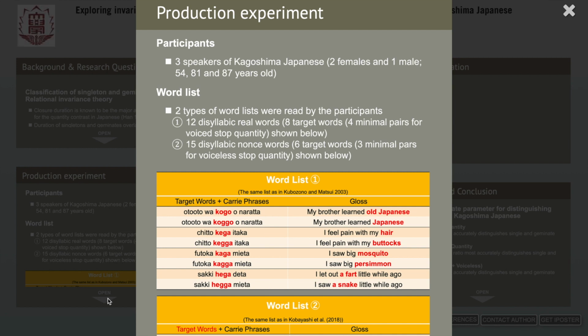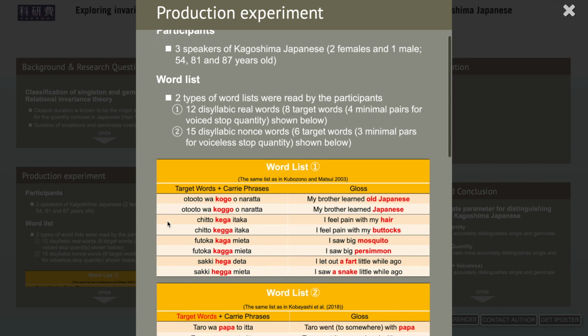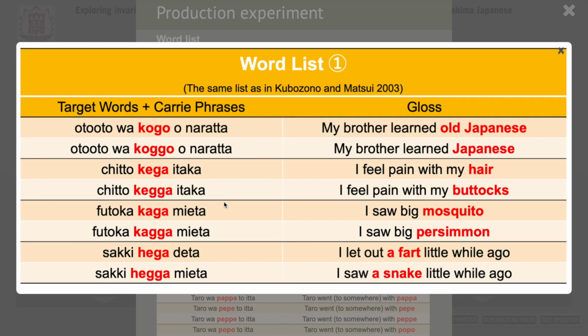And there are 2 word lists. The first one contains 12 disyllabic real words, and 8 out of 12 words are target words, as shown in the upper table.